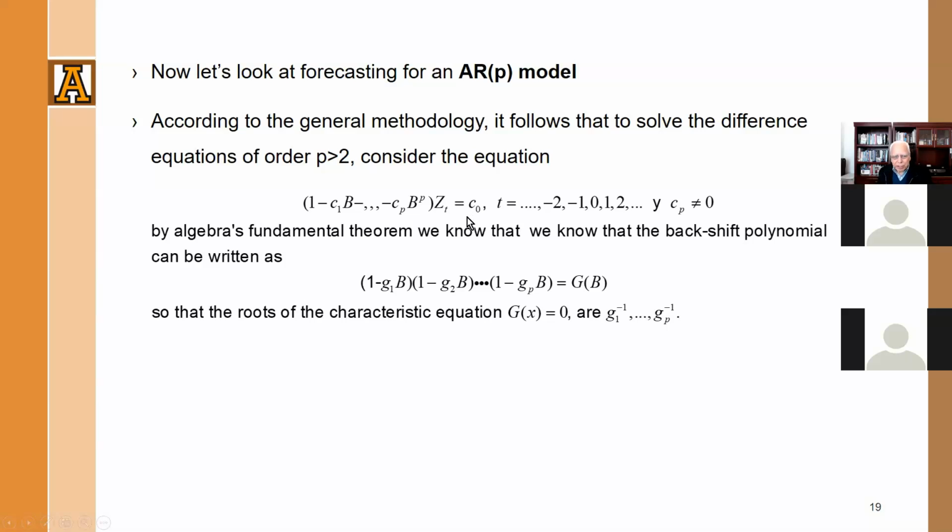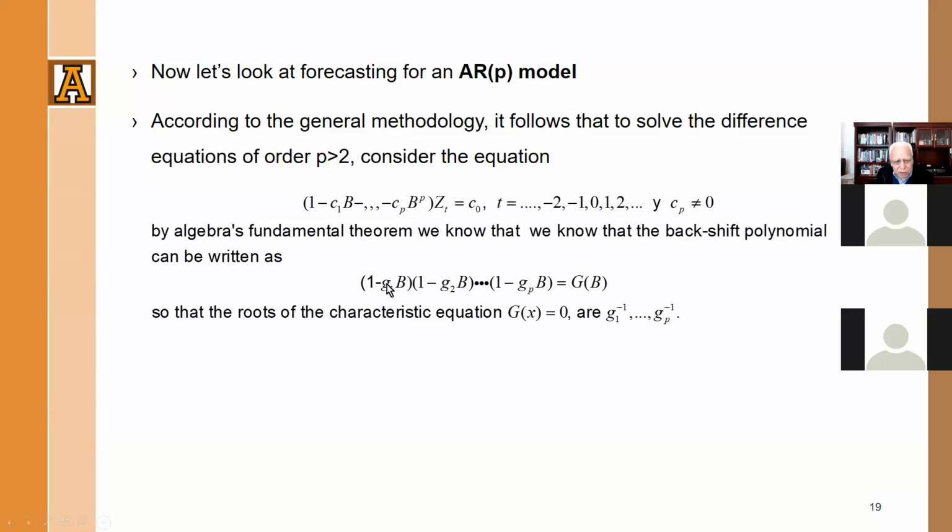If we solve this equation, there's the fundamental theorem of algebra that you may remember: any polynomial can be written as the product of first-degree polynomials. If it's a polynomial of order p, I can express it as the product of p polynomials of order 1.